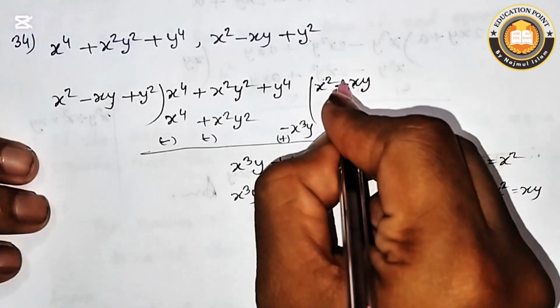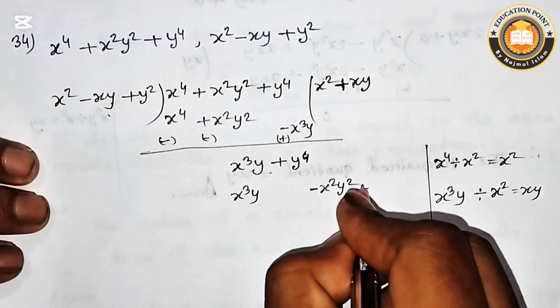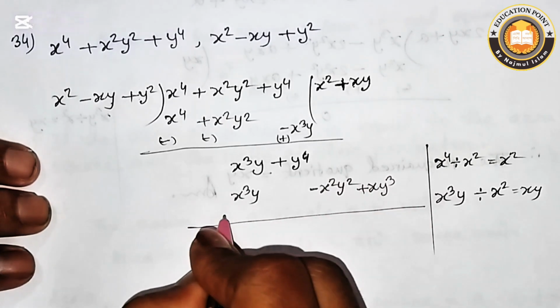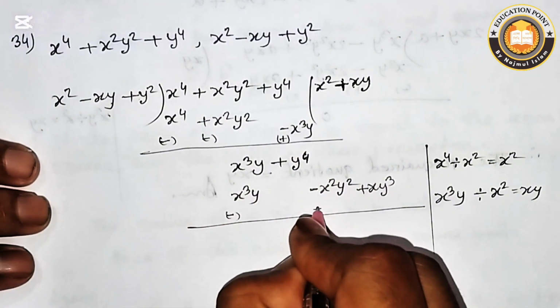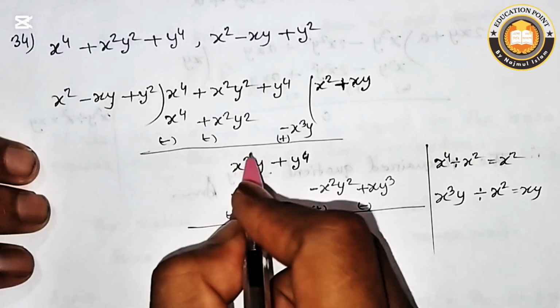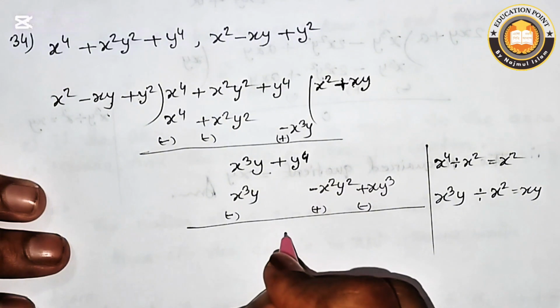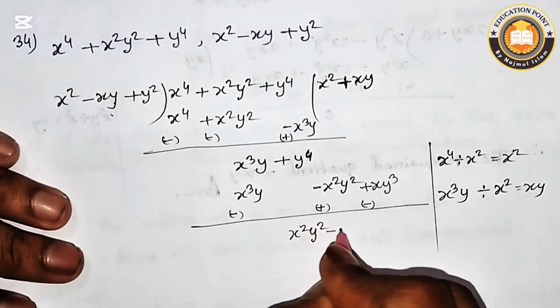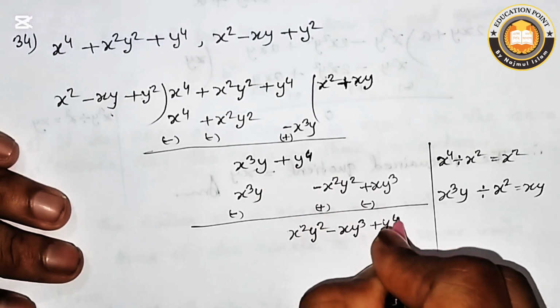Then plus xy multiplied with y square equals xy cube. According to the division law, their sign will be changed. Plus x cube y minus x cube y equals 0. Then we can write x square y square minus xy cube, then plus y to the power 4.